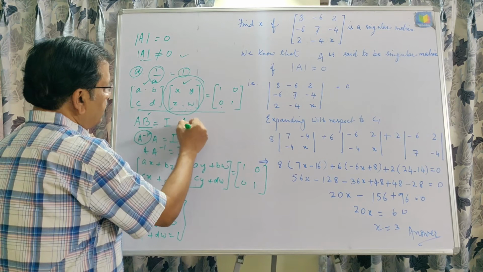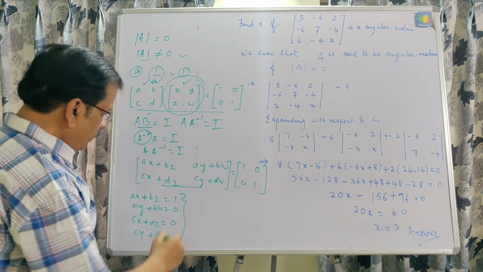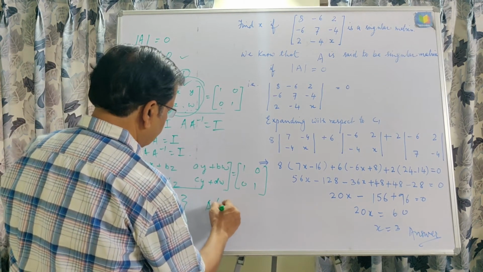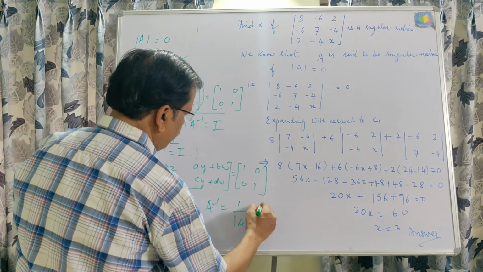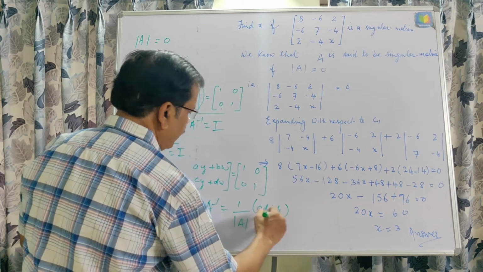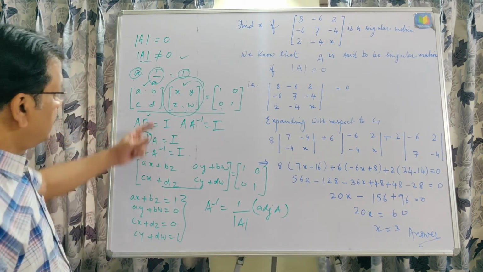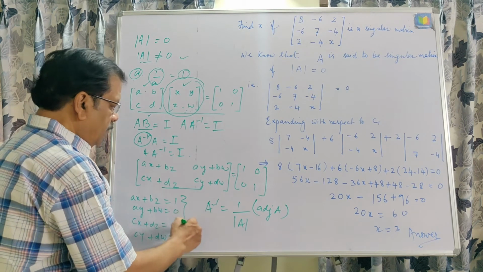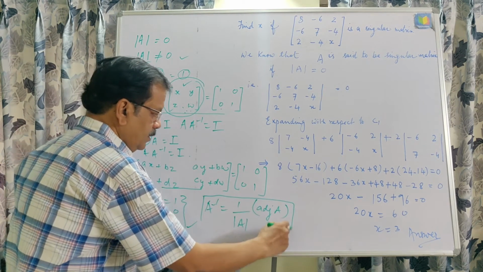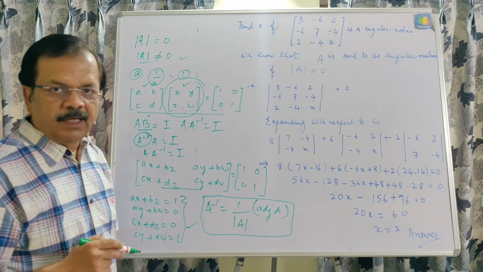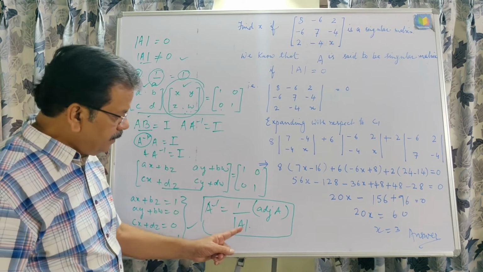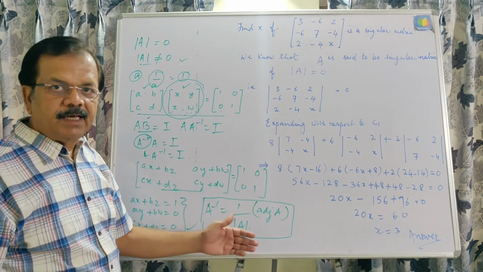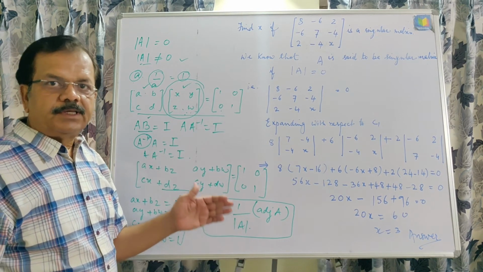And so A inverse is equal to 1 upon determinant of A times adjoint of A. Obviously you can get the adjoint this way, and that is why the inverse exists, and the inverse value is 1 upon determinant of A times adjoint of A. With this relation we can understand that if the determinant of A is 0, this will not be defined, and that is why the first condition is that the matrix should be a square matrix.